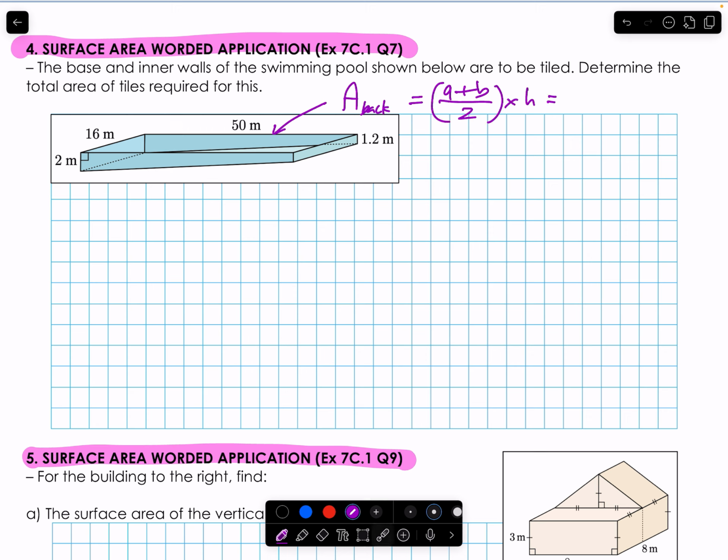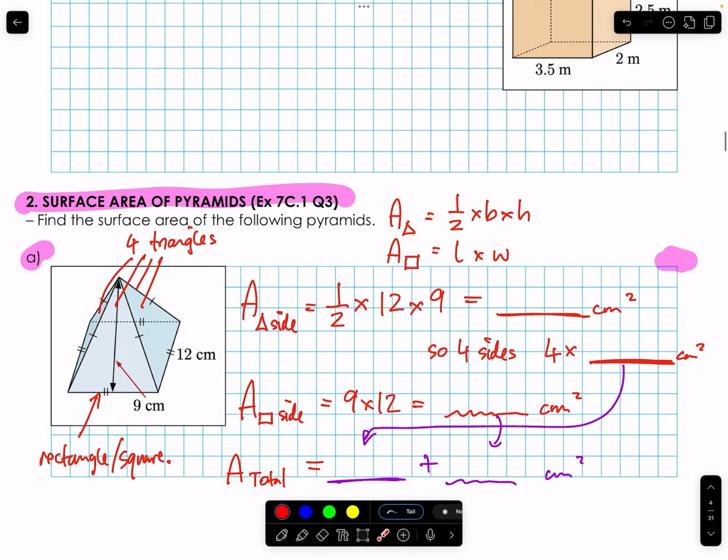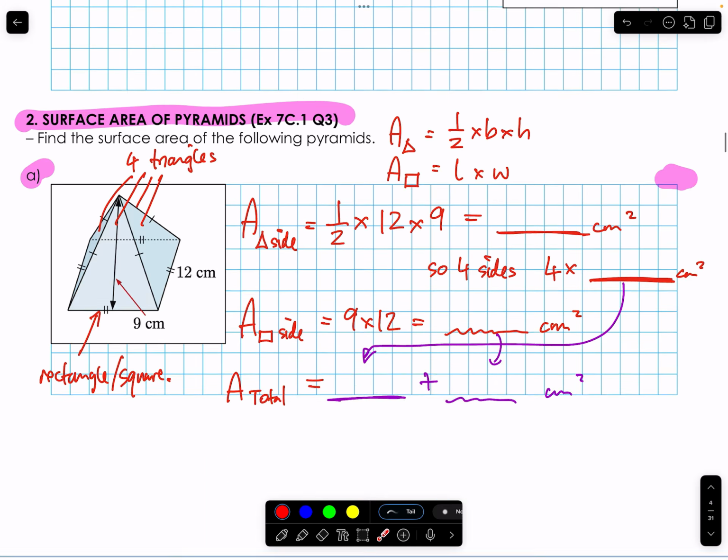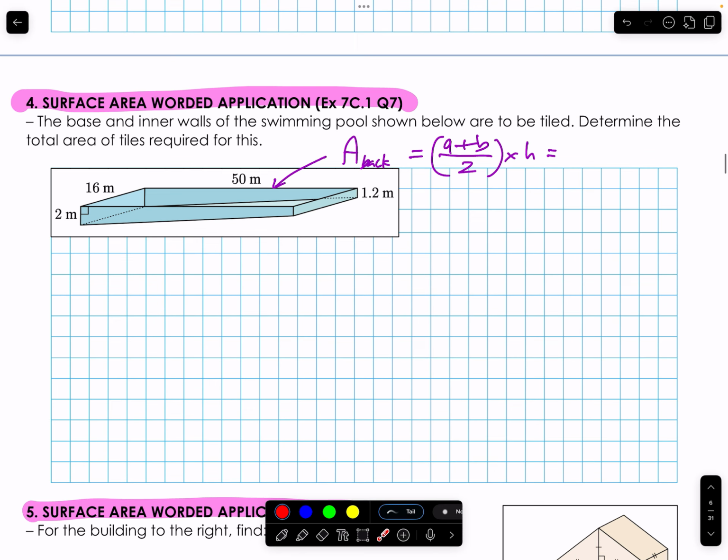Now this trapezium looks weird because it's not the shape that I drew here, but it has 2 sides that are in line with each other, one shorter than the other, and then 2 remaining sides. So you can see here, this side is in line with this one, and then it's got 2 remaining sides here. So these are the 2 parallel sides. Those are A and B, okay?